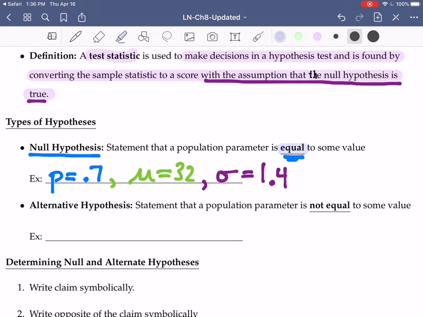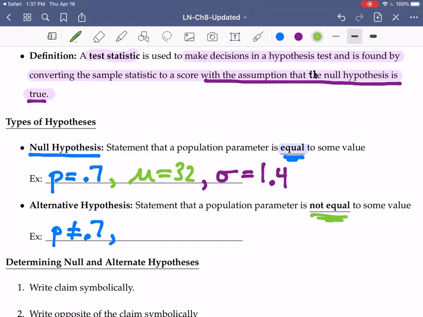The alternative hypothesis, then, is a statement that a population parameter is not equal to some value. So this might look like the proportion for the population is not 70%. But that's not the only way it can look.